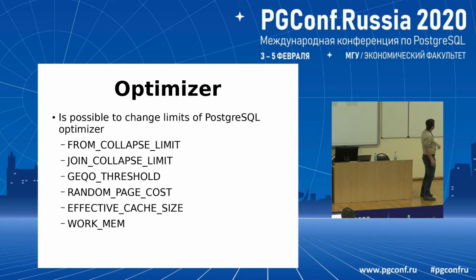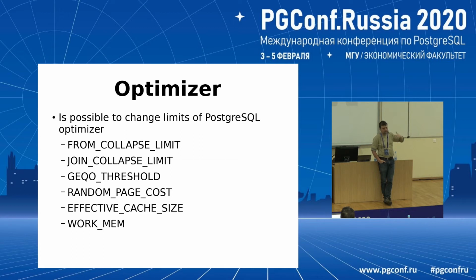You can increase the quality of the plan by setting some variables. Now a lot of people, a lot of companies use SSD, and on SSD you can decrease random_page_cost. When you decrease this value, you increase the probability of using an index.